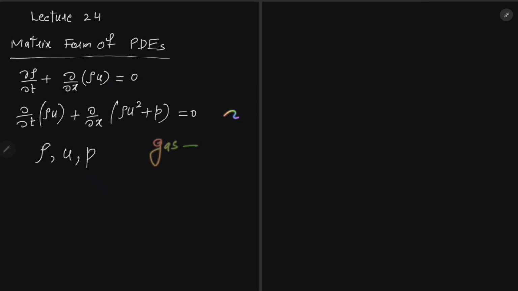Let's start from a simple fluid, which is a gas. It can be water, but for water, the theory will be different. So if we have a gas, then we can use some kind of relation.